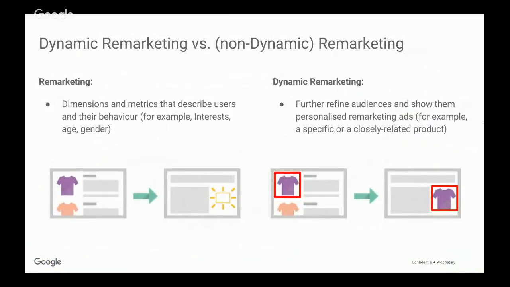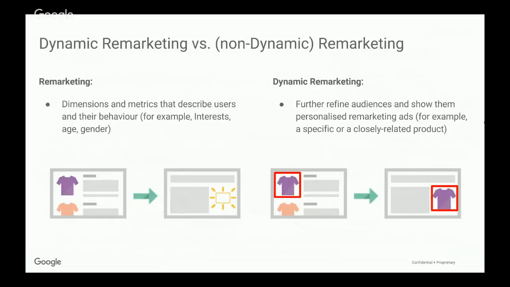So basically, as you might know, there are two different remarketing options. Today we are speaking about dynamic remarketing, but there is also so-called static or standard remarketing. While remarketing allows you to show ads to people who have previously visited your website or used your mobile app, dynamic remarketing takes it one step further, and it lets you show previous visitors ads that contain specific products or services that have been viewed on your site.